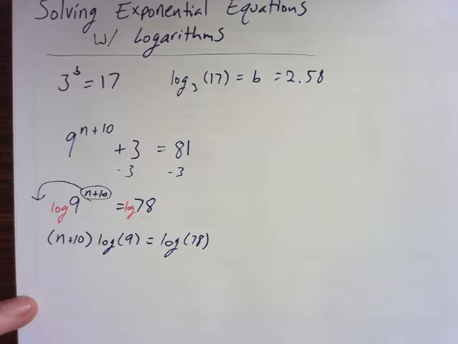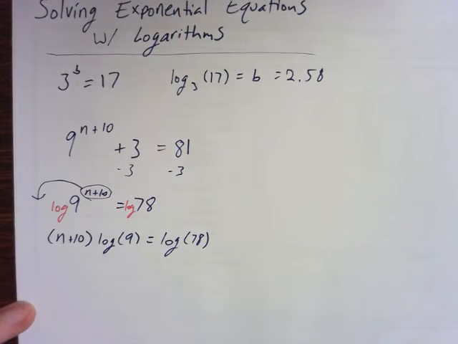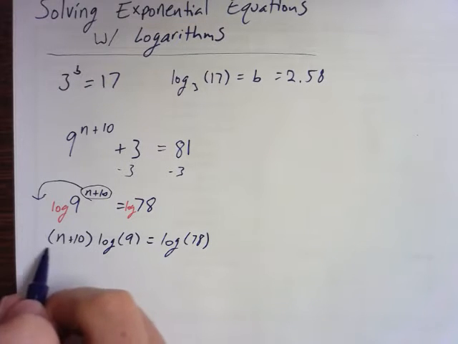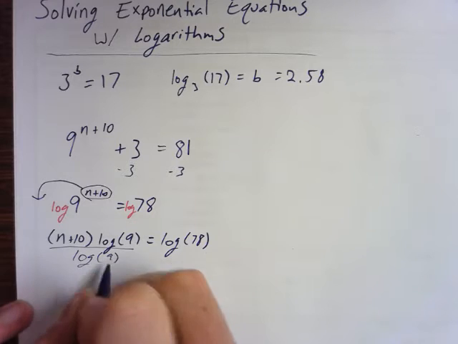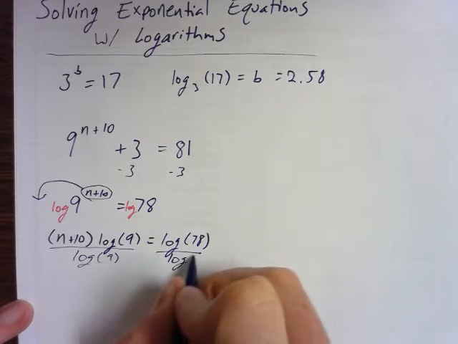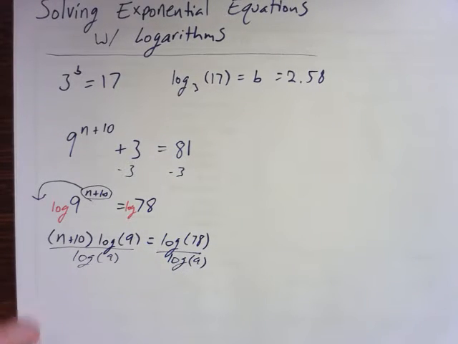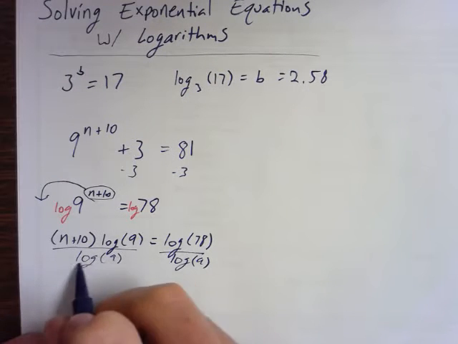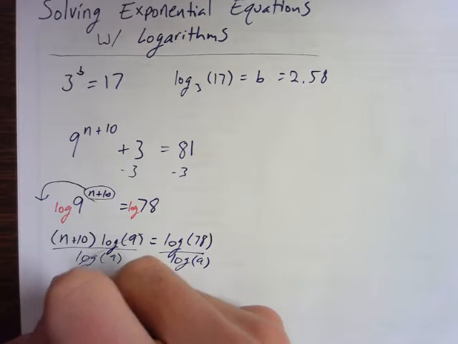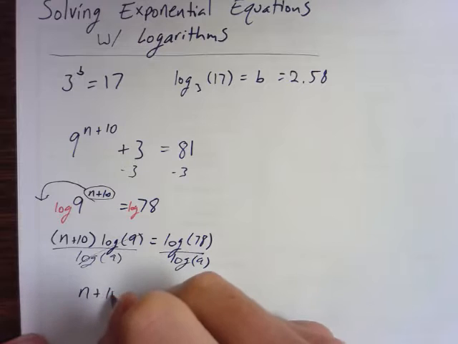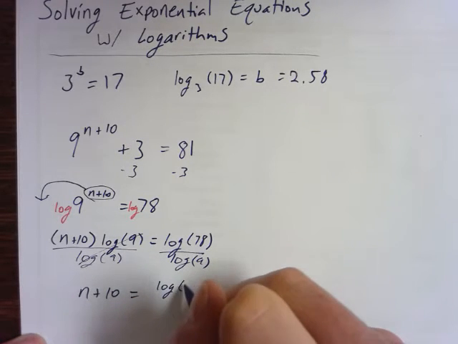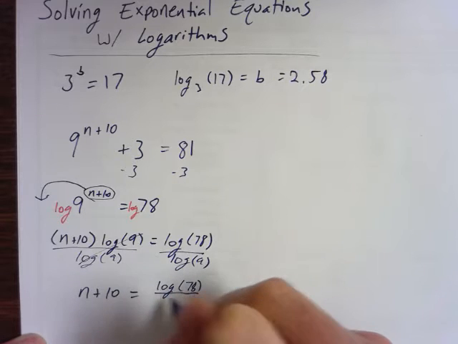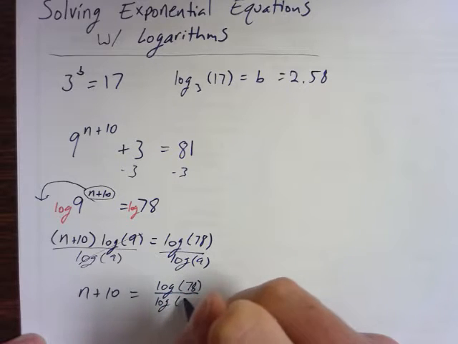And remember, we're solving an equation, so I want to get n by itself. And so to get n by itself, I want to divide both sides by log of 9. And so on the left side, I can cancel that out, and I'll be left with n plus 10 equals log of 78 over log of 9.